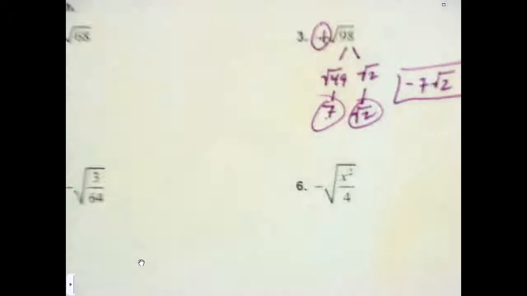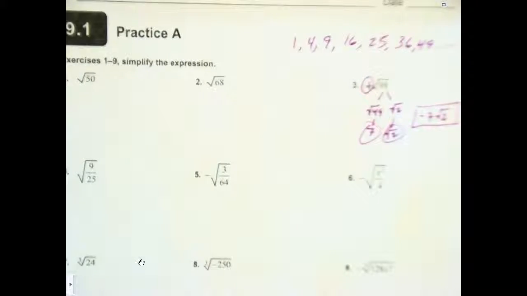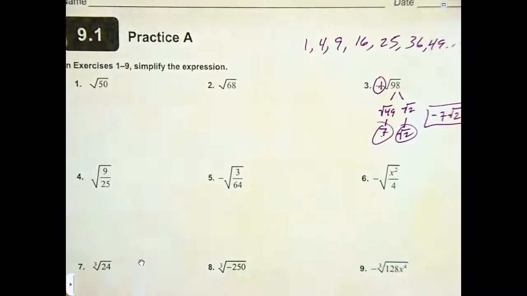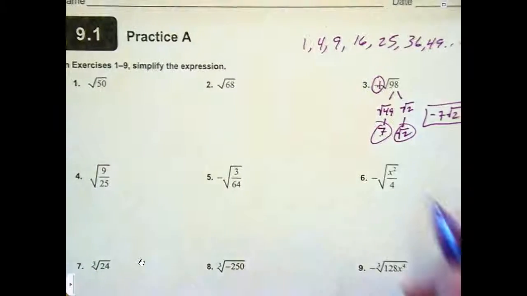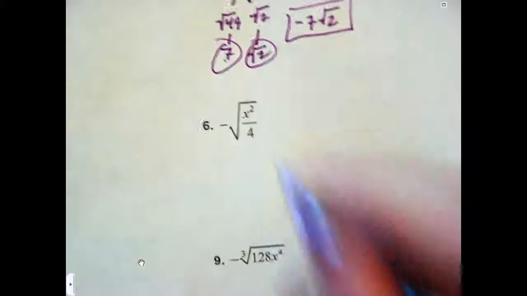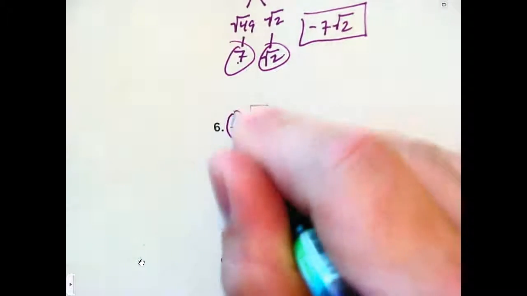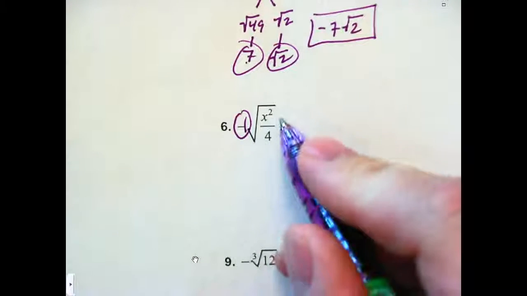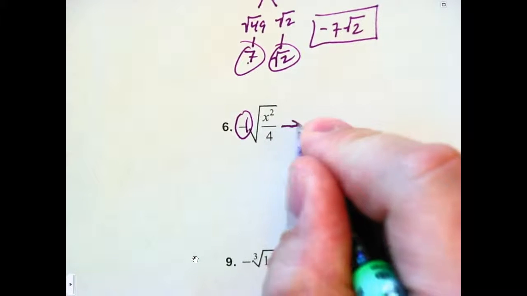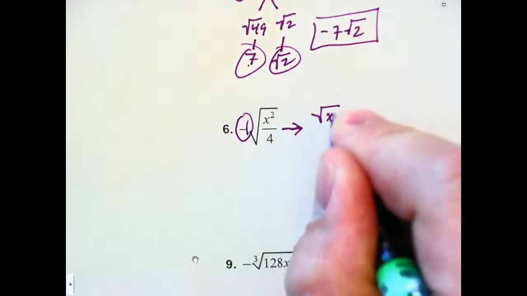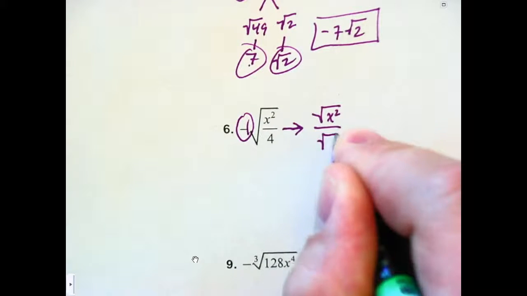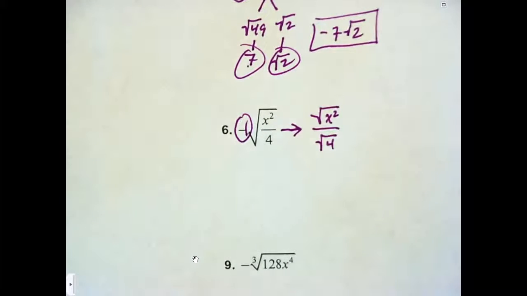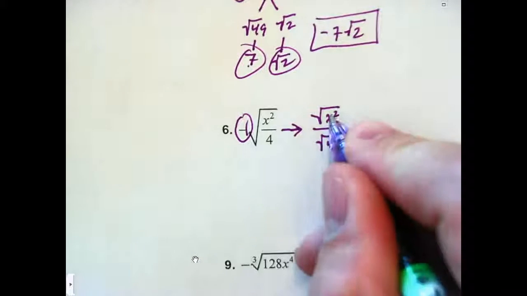Any other questions on 1 through 6? That makes sense. Number 6. Okay. Similar to the previous one in the sense that there's that negative sign on the outside, so we circle it and we keep it. If it's a fraction, remember we break apart the top and the bottom. X squared is perfect.